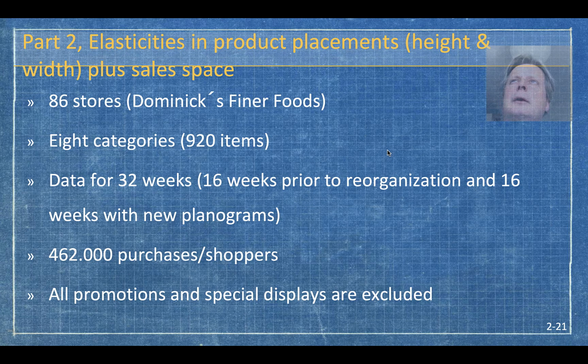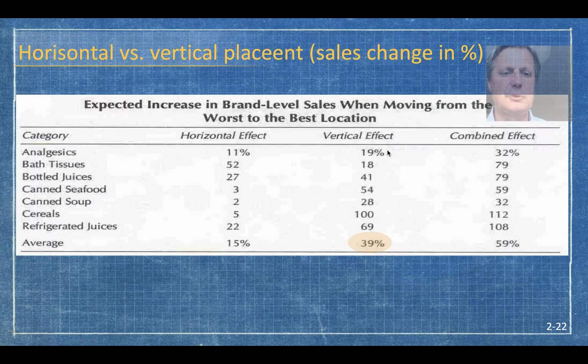Here they did another test to see if it had long-lasting effects, and they wanted to see the effects of the positioning by itself, the space, but also where you put something horizontally and on which level of the shelf you put something.